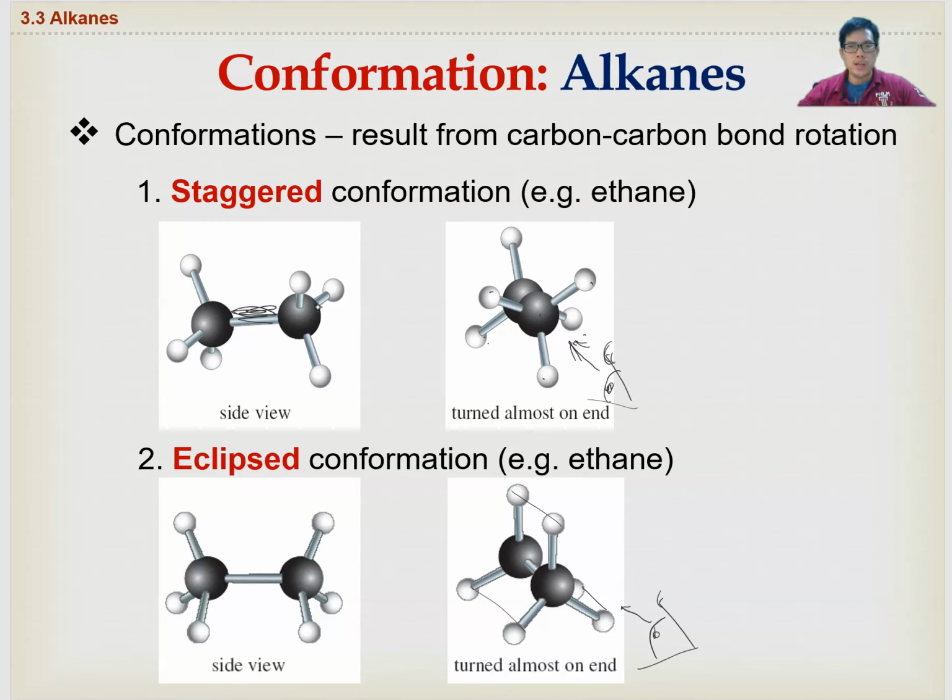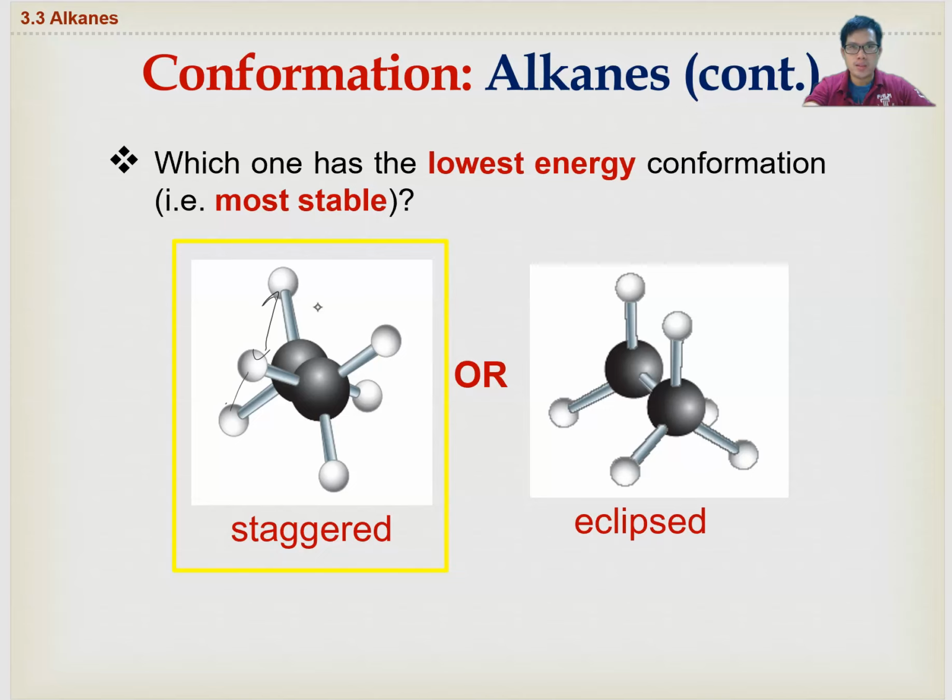They always like to distance the furthest apart. If it's staggered, the hydrogen and hydrogen distance is very far apart, whereas if it's eclipse, it's close by. That's why staggered is more preferred compared to eclipse.